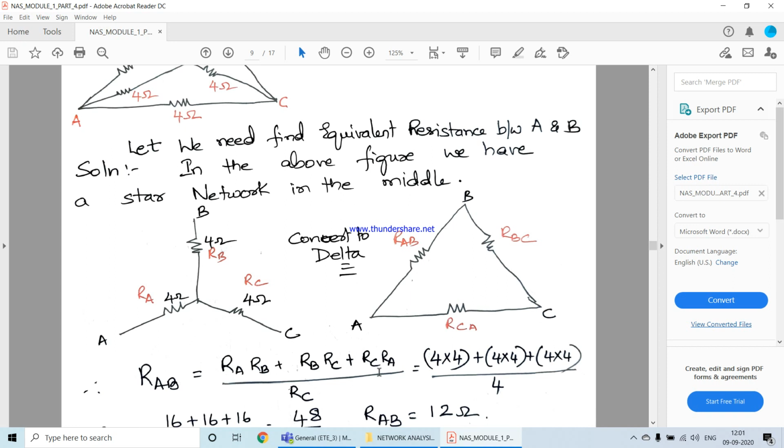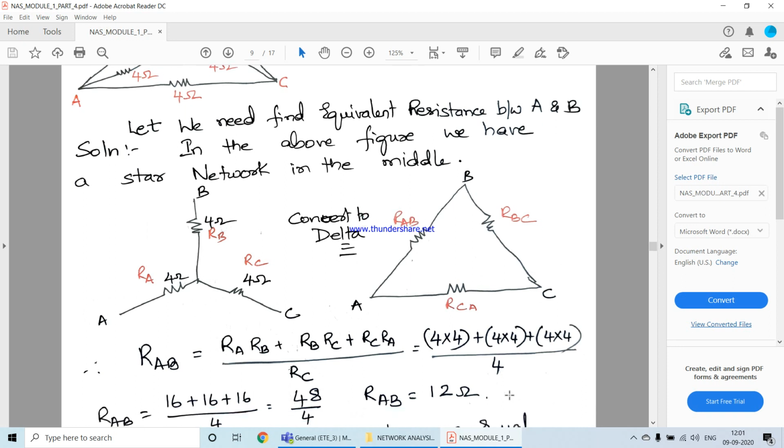Therefore the numerator remains same for all RAB, RBC, RCA, whereas the denominator is the only one you need to think about. So RA RB plus RB RC plus RC RA, the summation of all these three is the numerator which is same, divided by what resistance? For RAB, RC lies opposite, therefore I will say RC, which is 4.